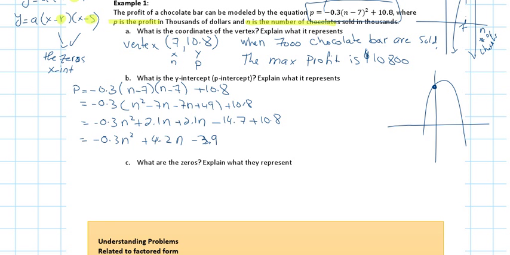Now, by looking at this form, can you tell me what the y-intercept is? Which number or letter or term represents your C in that standard form?